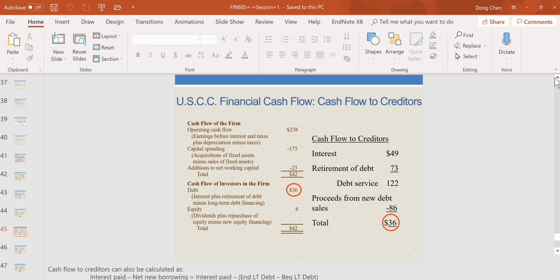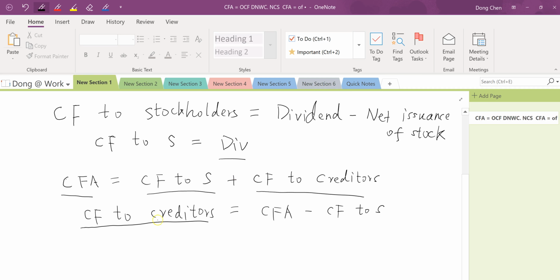It's the interest minus net issuance of new long-term debt.